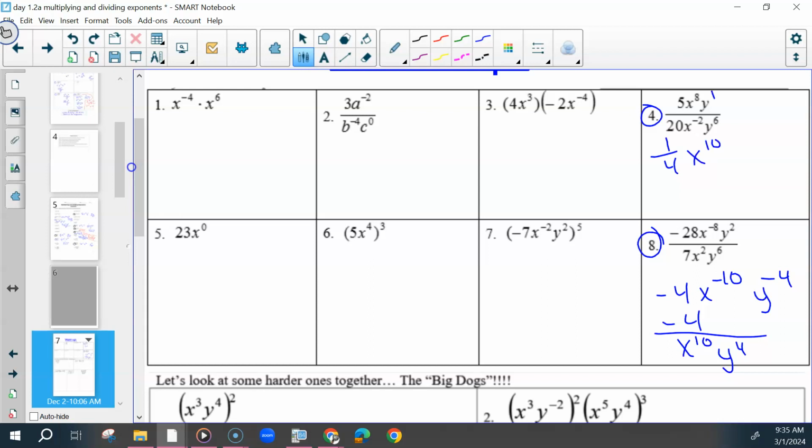And this is 1. 1 minus 6 would give us negative 5. So then we're going to change the negative, move it down. The x is going to stay up. What would that look like? What would our final answer be? Yes. X to the 10th over 4y to the 5th.